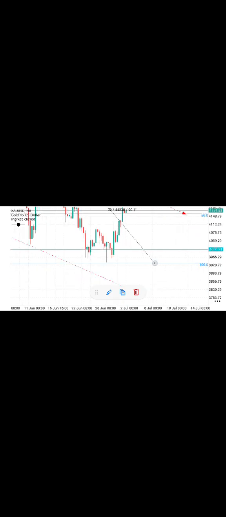If we take our fibs from swing high to swing low, this strategy I use to trade the market is very easy and understandable. Take our fibs from swing high to swing low. You can see price should just come to this zone here.